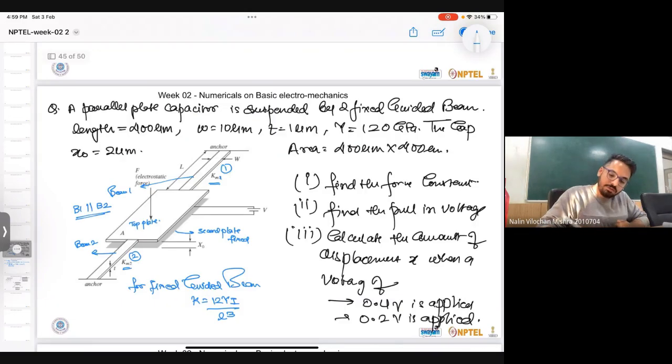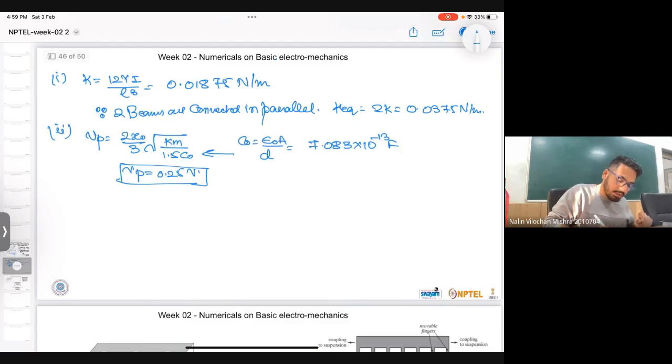Now, we have the force constant and we have the pull-in voltage also. So the third question is calculate the amount of displacement x when a voltage of 0.4 volt is applied. So what will happen?